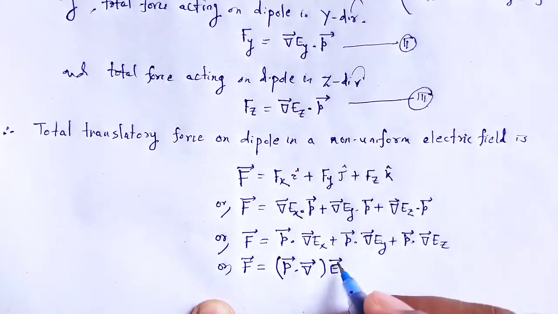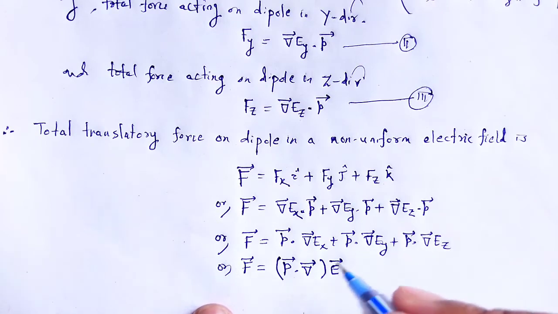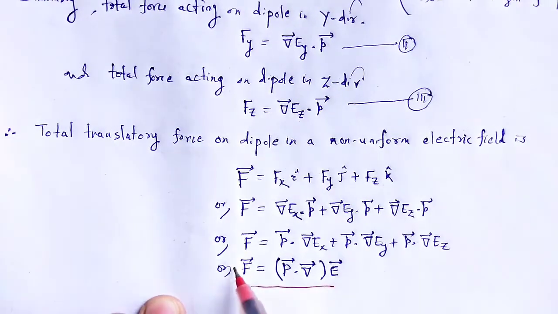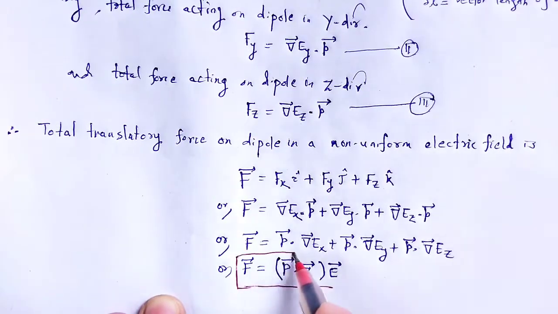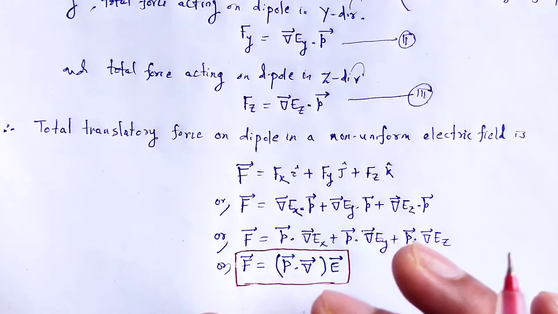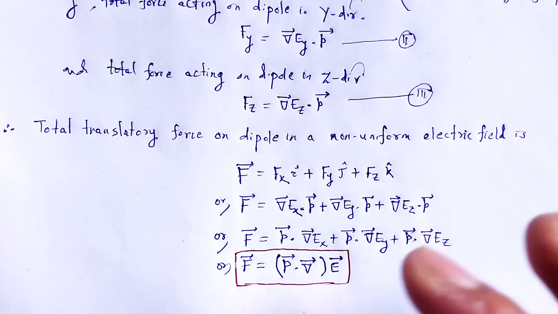Ex, Ey, Ez are the components of E. That is the total force acting on the electric dipole when it is placed in a non-uniform electric field.